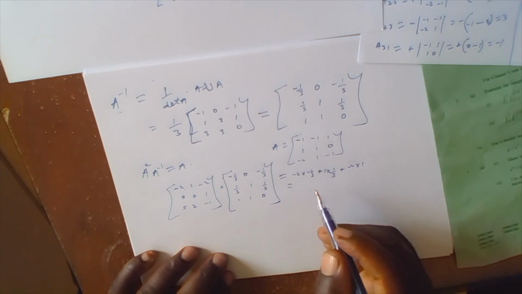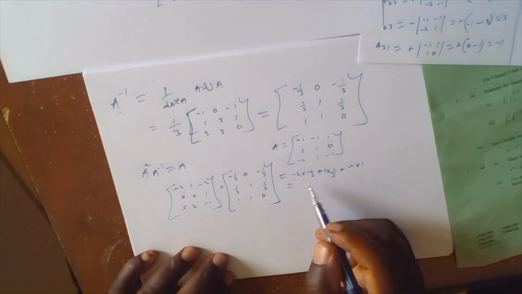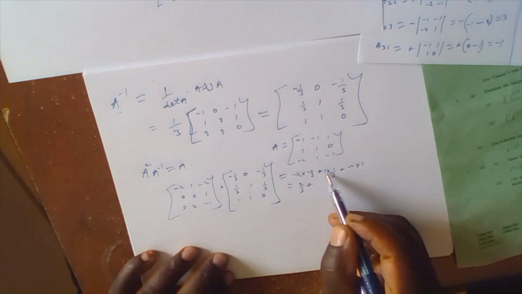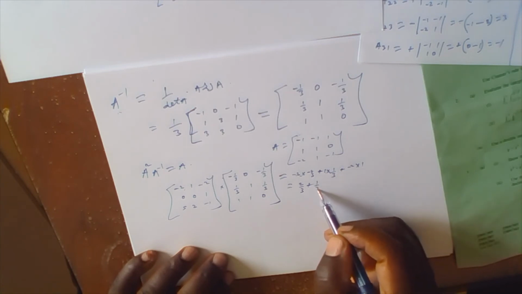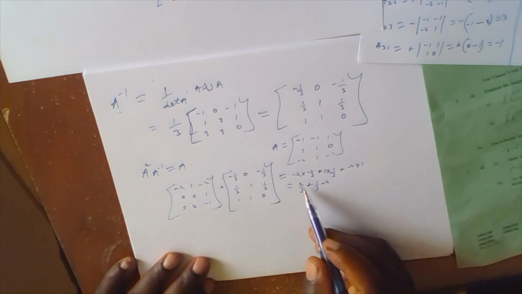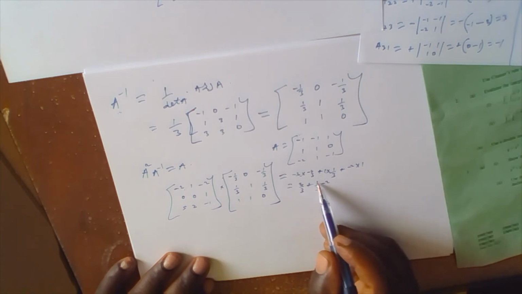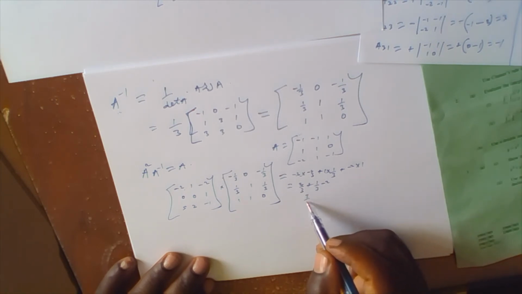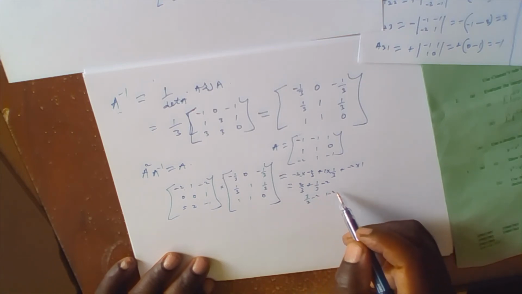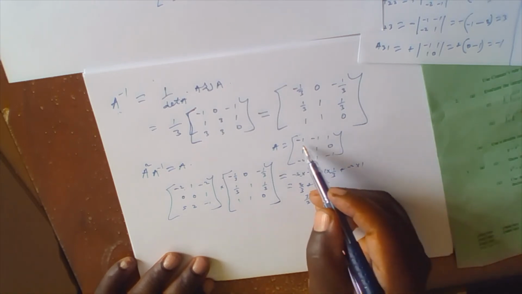So this equals, here it will be negative 2 and negative, here it will be positive, so here we shall have 2 all over 3 plus 1 times that, we have 1 all over 3, then minus 2. So this is the same as 3 all over 3 minus 2. So 3 all over 3 is 1. So we have 1 minus 2, which equals negative 1.